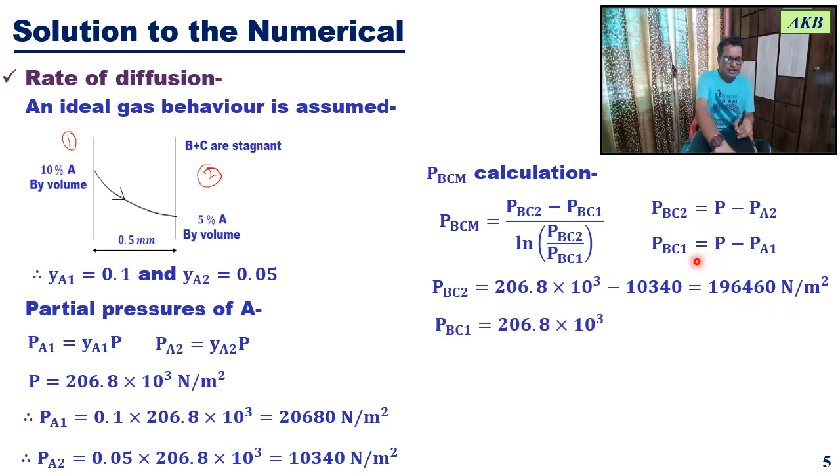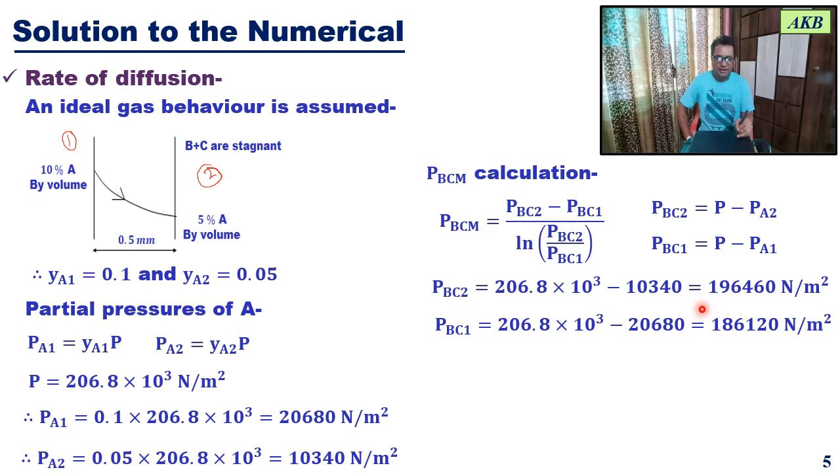Then using the second equation, the equation for PBC1, you get PBC1. So it is 206.8 into 10 to the power 3 minus 20,680. So that comes out to be 186,120 Newton per meter square. Okay, is that clear to you? I hope this is clear to you.